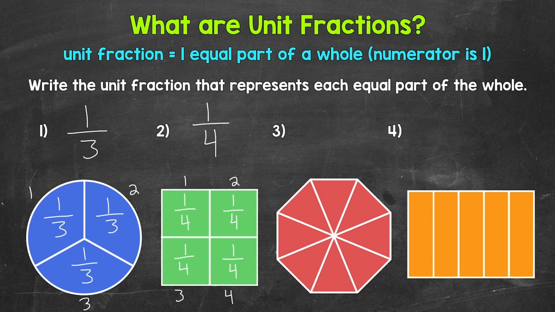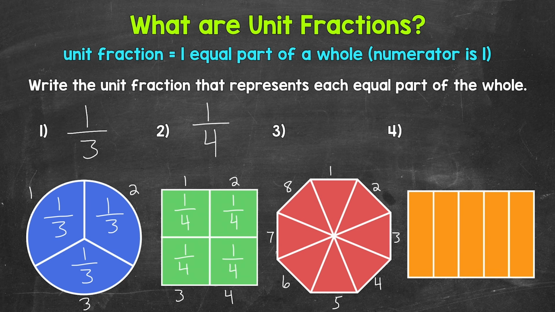Let's move on to number 3. So we will start by seeing how many equal parts the whole has been divided into. 1, 2, 3, 4, 5, 6, 7, 8 equal parts. So each equal part is 1 out of 8 total equal parts.